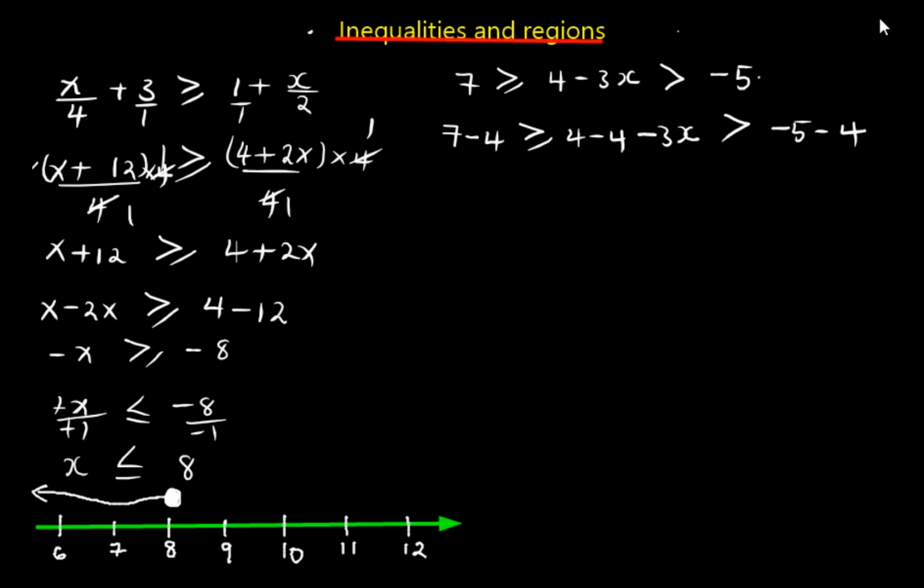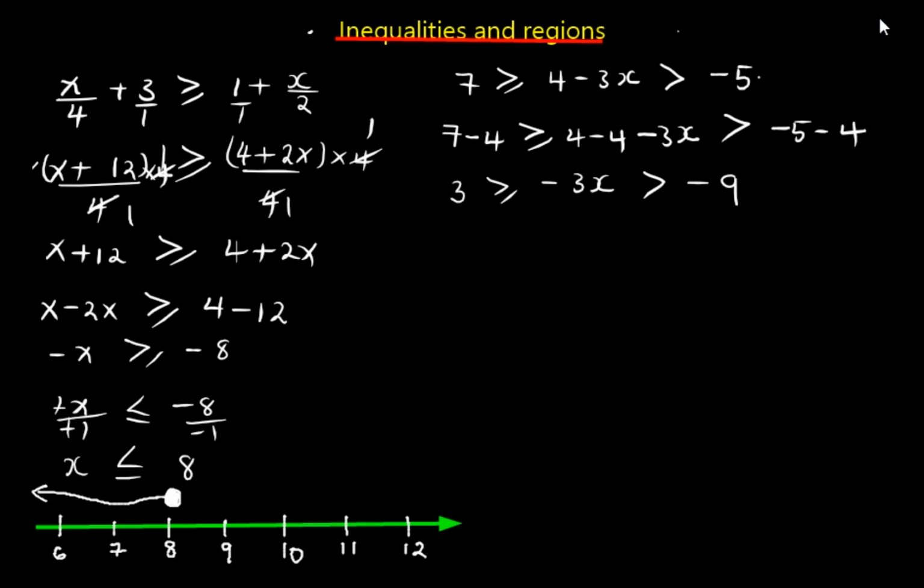Students, I've subtracted a 4 here, a 4 there, and a 4 on negative 5. What is 7 minus 4? That is a 3. And everything is greater than or equal to, what is 4 minus 4? That is a 0. And we are going to remain with negative 3x and everything is greater than negative 9.